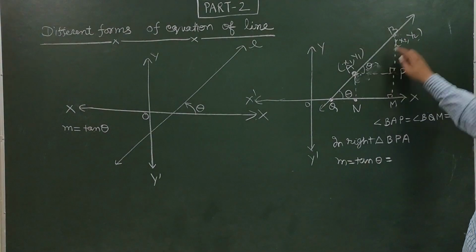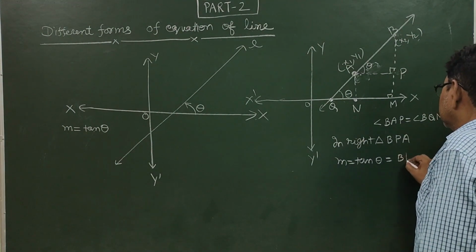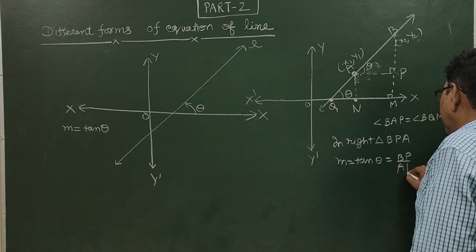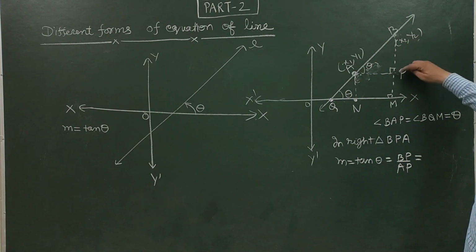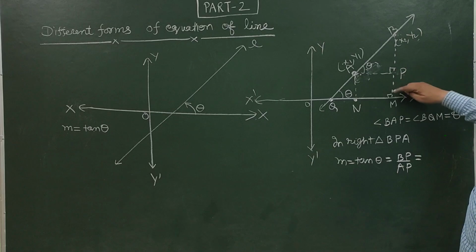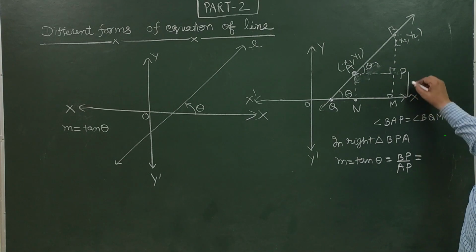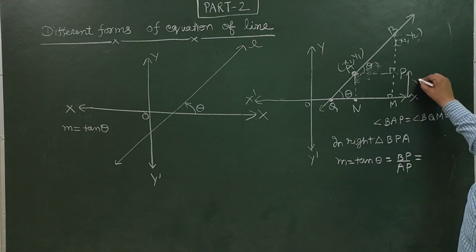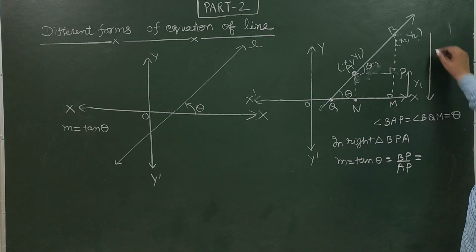Tan theta is equal to BP upon AP, and BP is equal to BM minus MP. Up to this point the distance is y1 and up to this point the distance is y2.